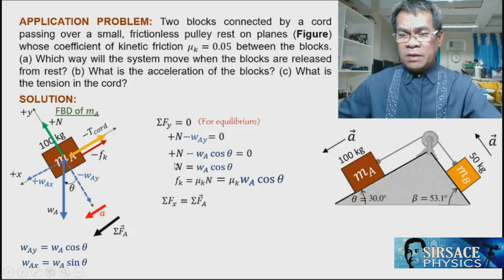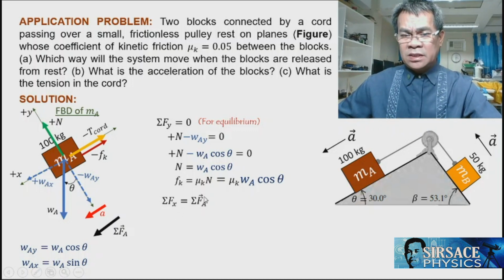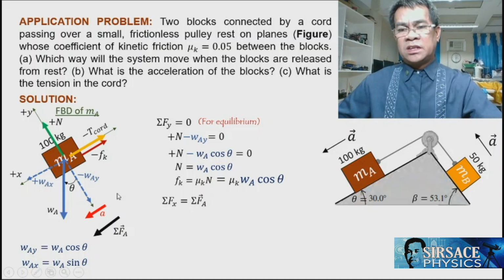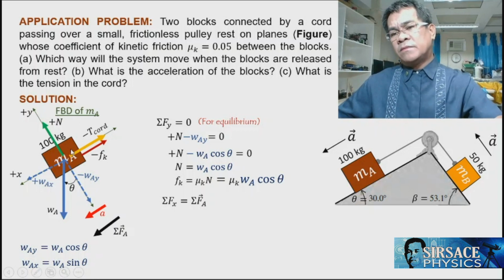Now, summing up all forces along x, the answer is not 0. Remember, the value is the net external force. So we will sum up all forces along x, then equate that to the net external force on mass A. Where did we get the forces along x? Look at the free body diagram.